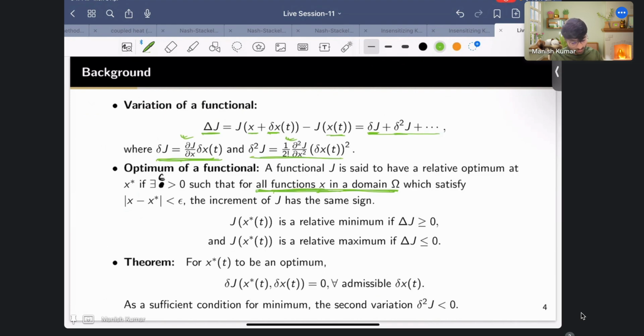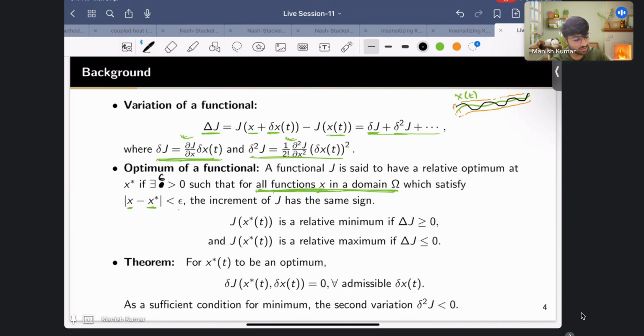So when x minus x star is less than epsilon, suppose you have this curve, and this is a function x(t). What you are creating basically is a neighborhood around this x(t), so that any function you choose should be in this neighborhood.